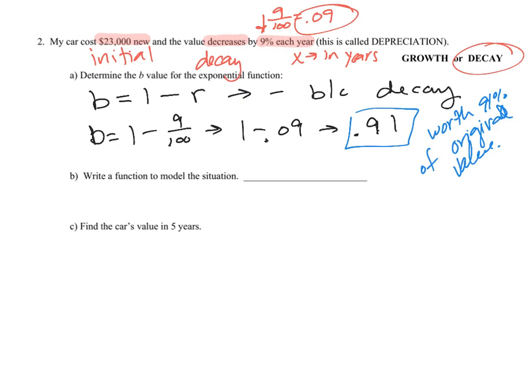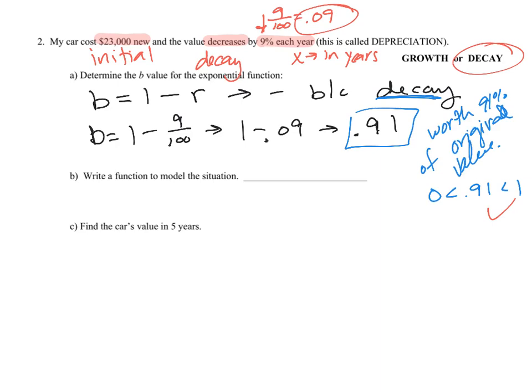That I'm going to be worth 91% of what I originally paid for it after 1 year, and then 91% of that, and then 91% of that, and I'm going to keep decreasing in value. And by the way, this works out to be decay because 0.91 is between 0 and 1. So it's just like an extra check mark that we have decay going on here.